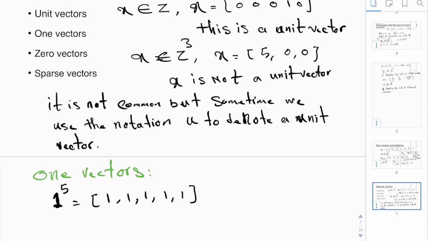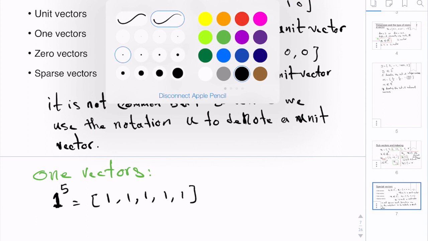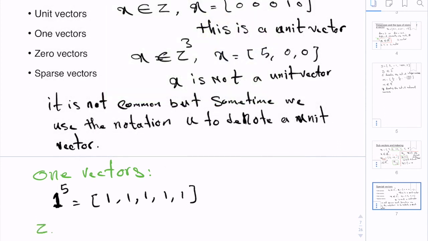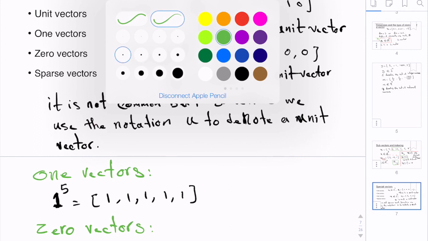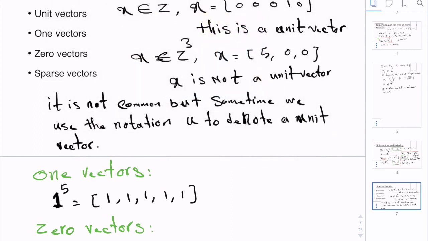Zero vectors also, the name makes it very straightforward to see what a zero vector is. Basically we don't usually use a specific notation, but sometimes we use again a bold 0, and that's a vector, all of whose elements are 0.